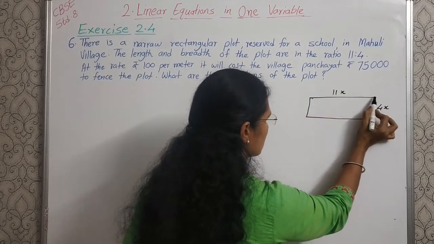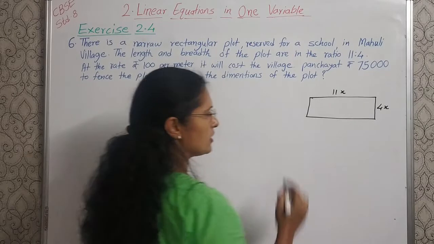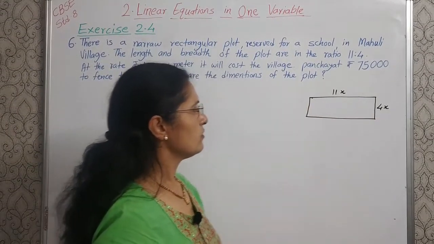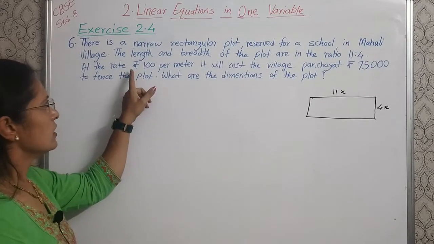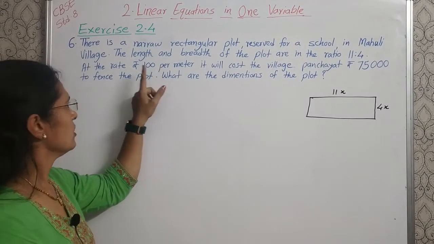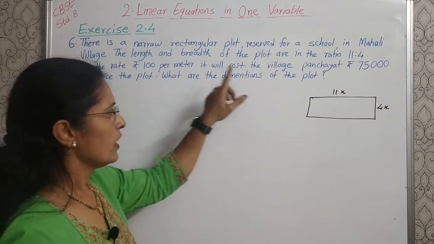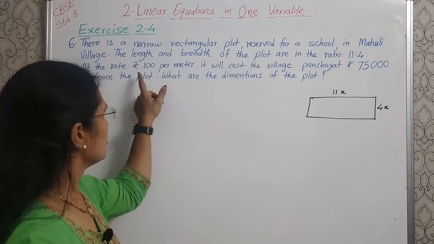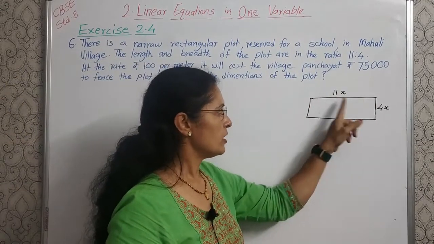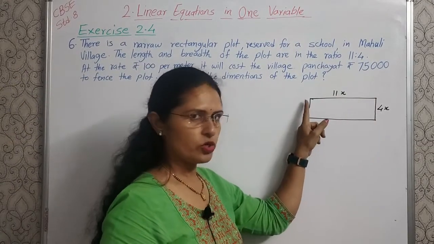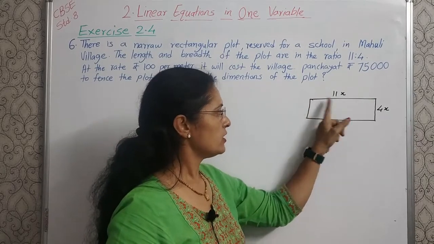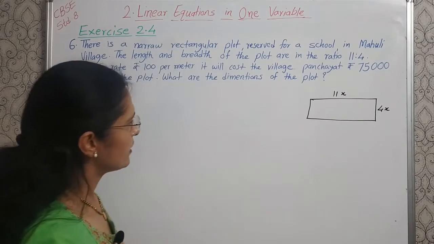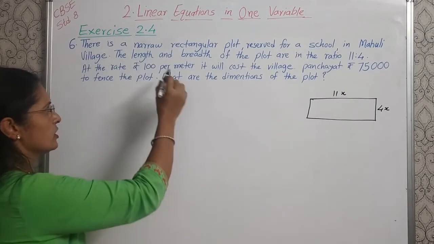How many meters is the length of the fencing? The rate for fencing is given, which is 100 rupees per meter, and the total cost is given, rupees 75,000. So using these two values, we'll find out the perimeter of the rectangle.